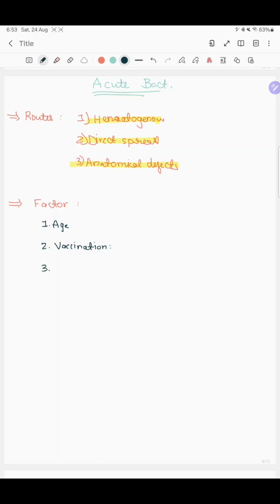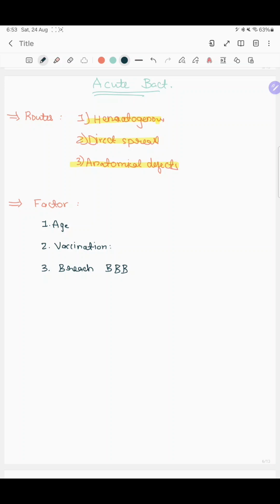Or if there is any breach in the blood brain barrier, the organism can enter the body and cause loss of capillary integrity.